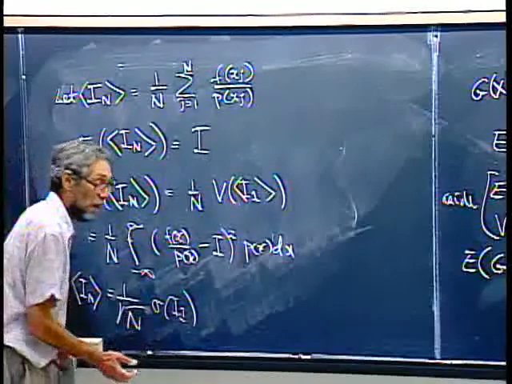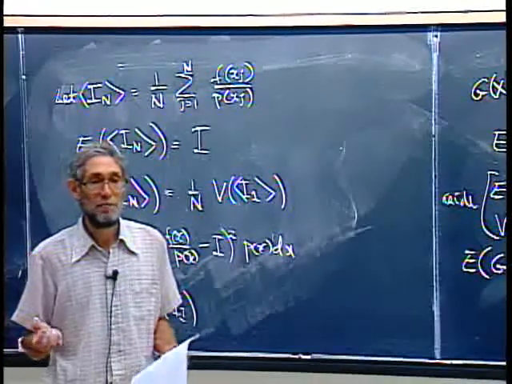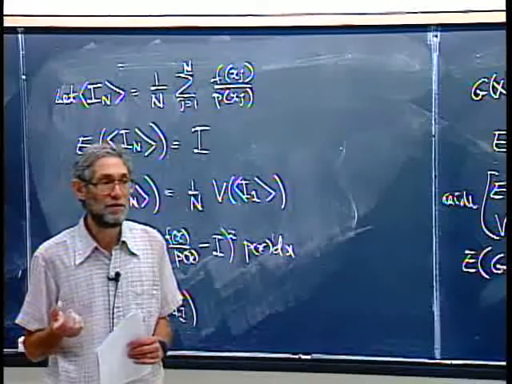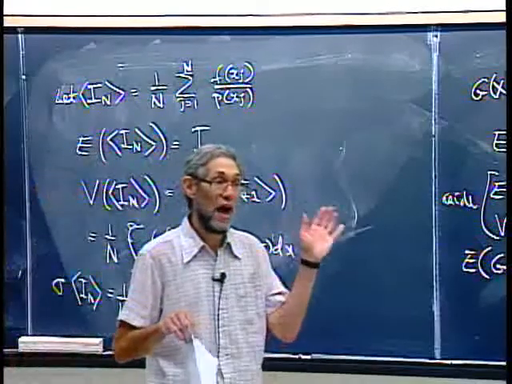So I'll prove that one next time. The statement is in the book, but the proof isn't, and being trained as a mathematician, I always like to see proofs. So, except for that, I'm caught up.